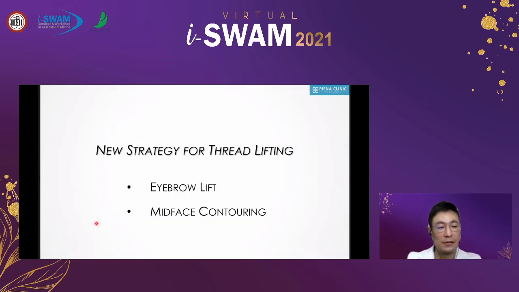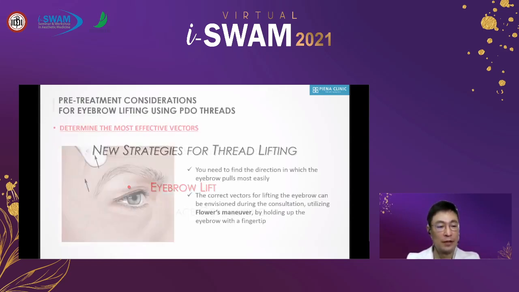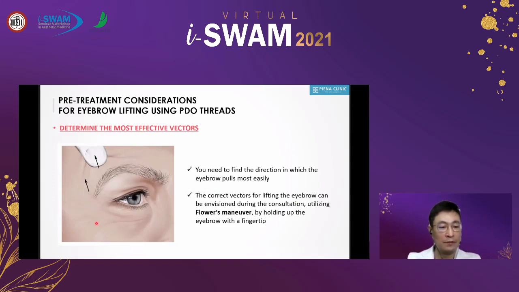And now let's have a look at the eyebrow lift and mid-face contouring as a new strategy for thread lifting. I think these methods are a little advanced, but I will just introduce them. First, eyebrow lift. Before performing eyebrow lift, the vectors should be determined depending on the purpose of treatment or the expectation of the patient.